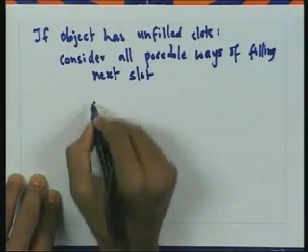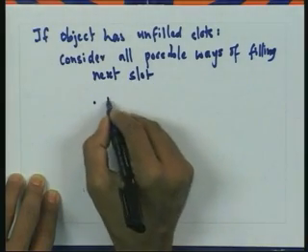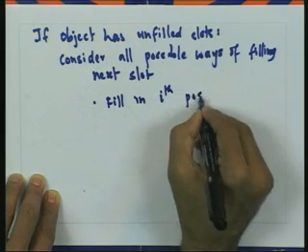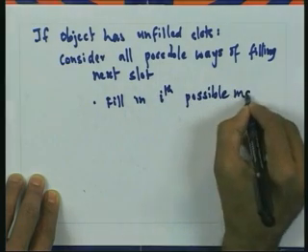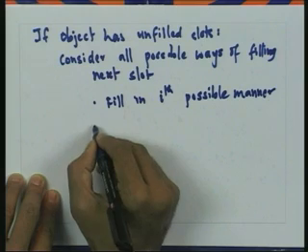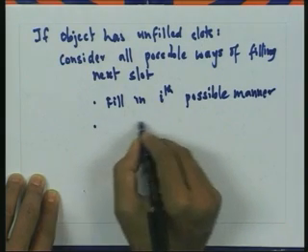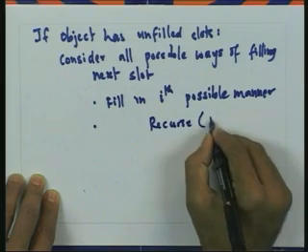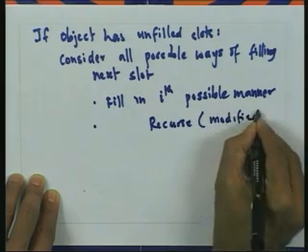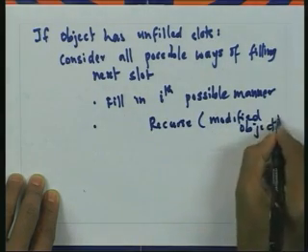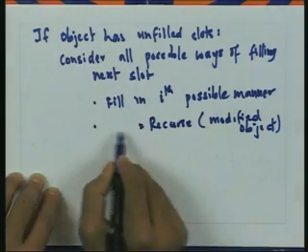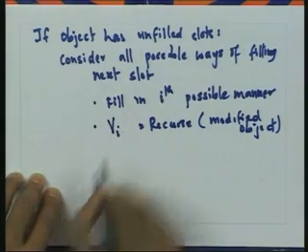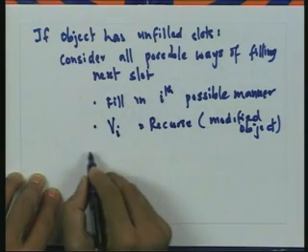So we will fill in the ith possible manner. We will recurse on the modified object, and this recursion will give us a value. Let me call this v sub i. And this will be the end of the loop.